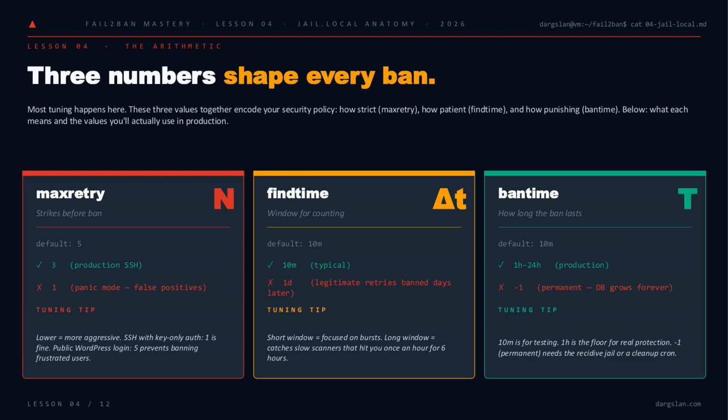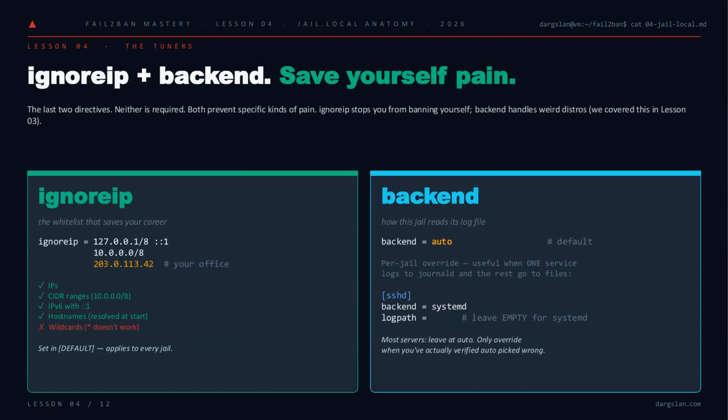Findtime is the window those strikes have to land in. 10 minutes catches bursts. Stretch it too far, and legitimate retries get banned days later. And bantime is the punishment. An hour minimum in production. And please, never set it to -1 unless you've got the recidive jail or a cleanup cron, because that database grows forever.